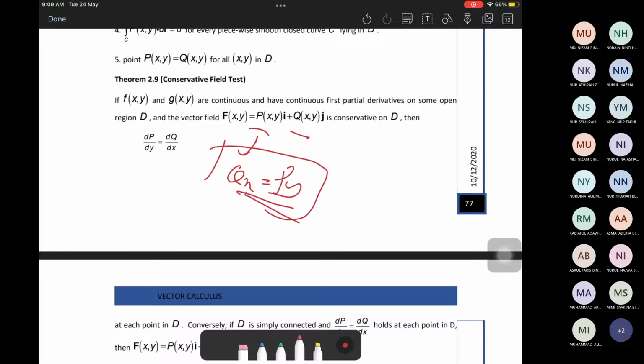So if we can show that Q_x equals P_y, then F is conservative.